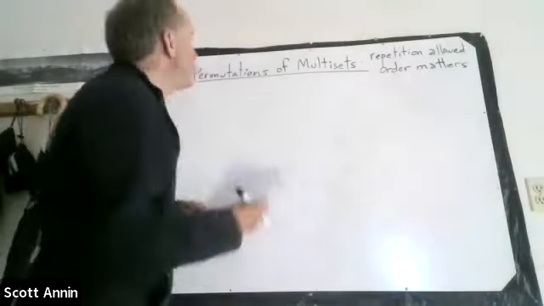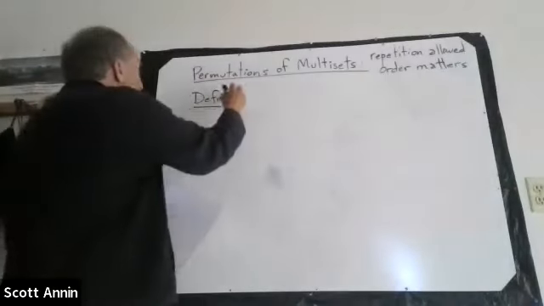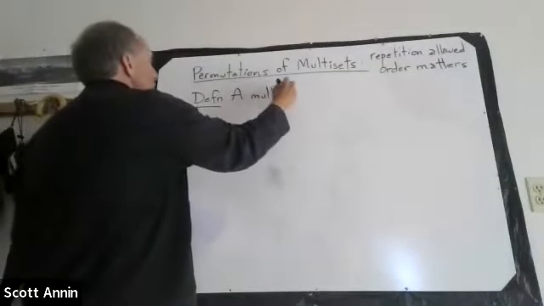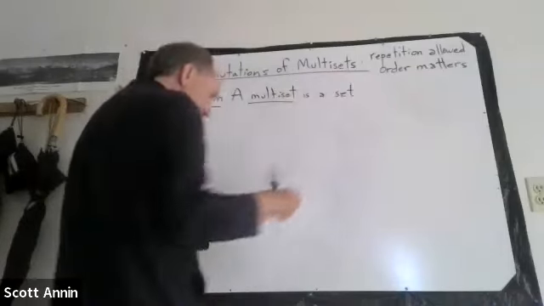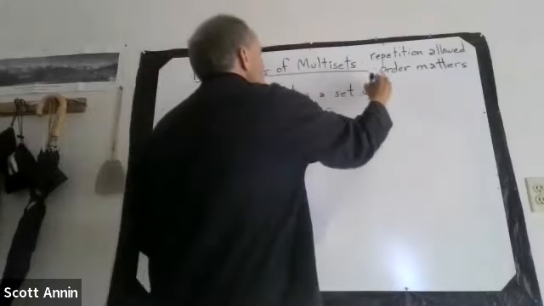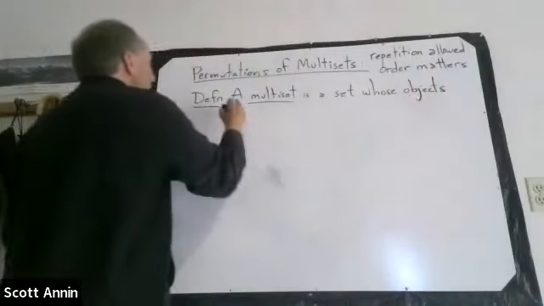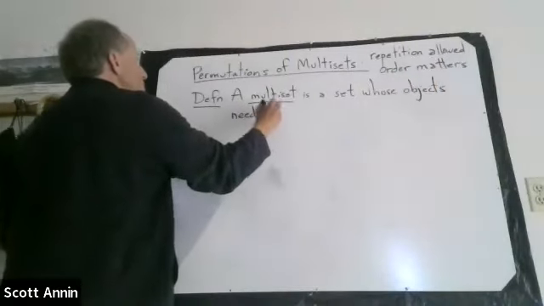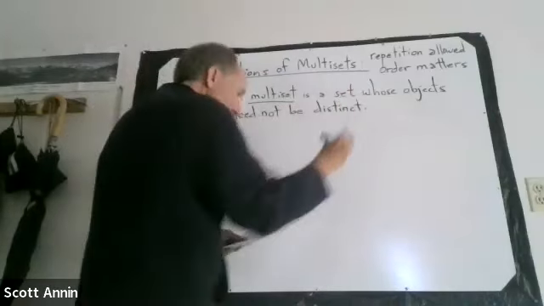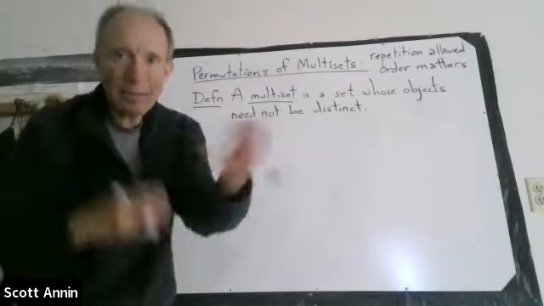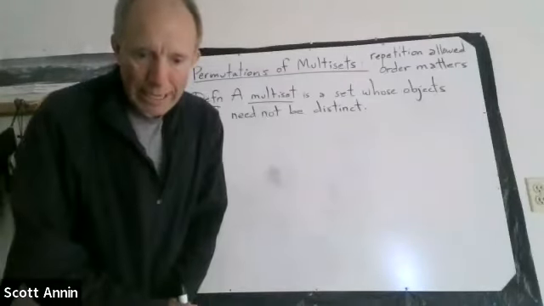So just so we are all clear about what a multiset is, a multiset is just a set whose objects need not be distinct. In other words, you can repeat the same object more than once. That's basically what we're getting at here.